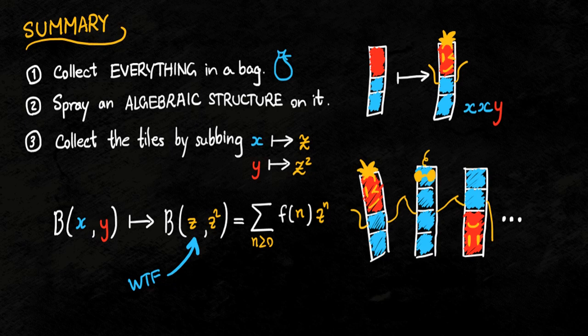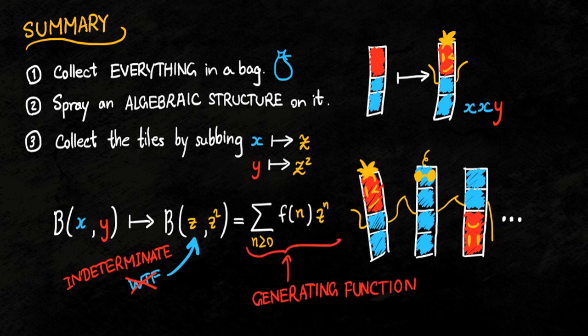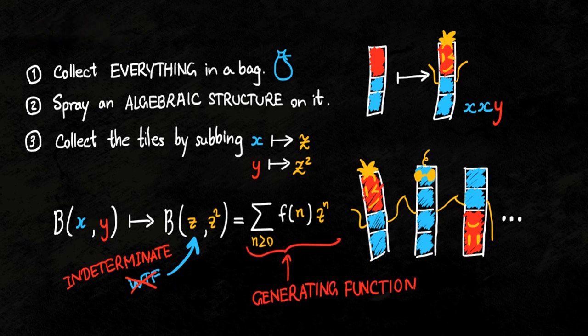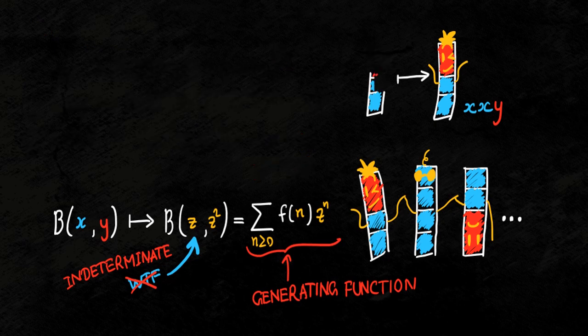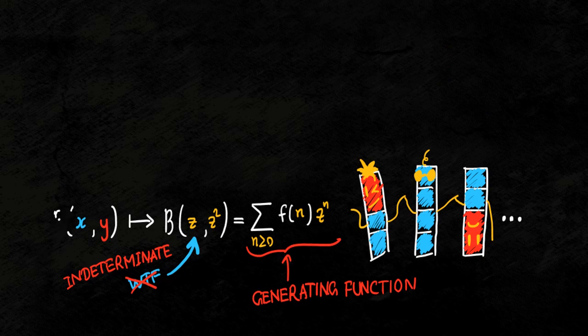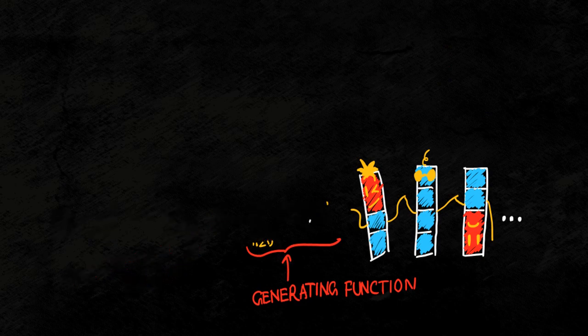Oh, by the way, these symbols that exist solely for the sake of algebra and don't represent anything are called indeterminates. And this b of z, z squared is called a generating function. In fact, this magical idea of grouping the terms together using algebra is not even the full strength of these generating functions. Let's see what they are actually capable of.